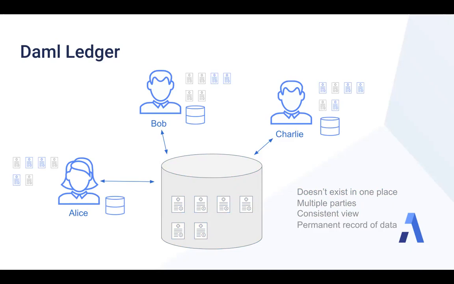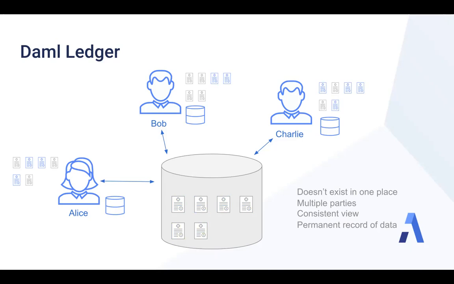Now, this idea that I want my distributed ledger to feel like a centralized ledger may seem simple and may actually seem obvious, but this isn't trivial. It's actually one of Daml's main differentiators compared to other technologies.